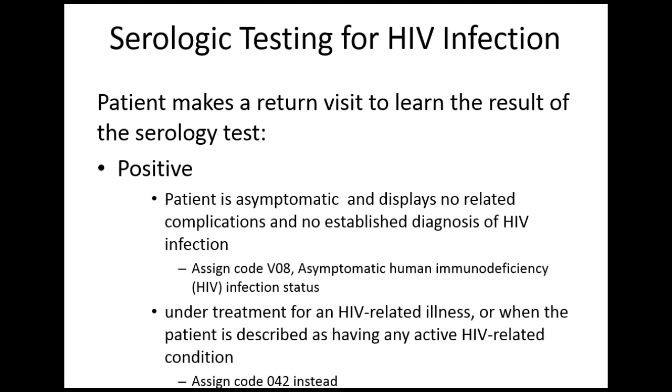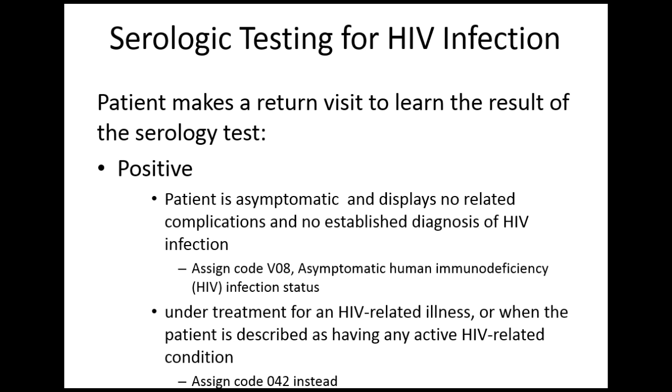When the patient returns to learn the results of the serology test and it is positive, this means the patient has HIV, but the patient can still be asymptomatic, meaning they show no signs or symptoms of the disease. In this case, the code for the screening is not assigned, but a code V08 is assigned to show that the patient has tested positive but is asymptomatic.